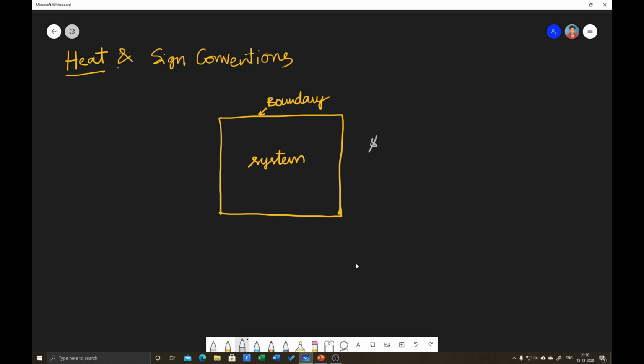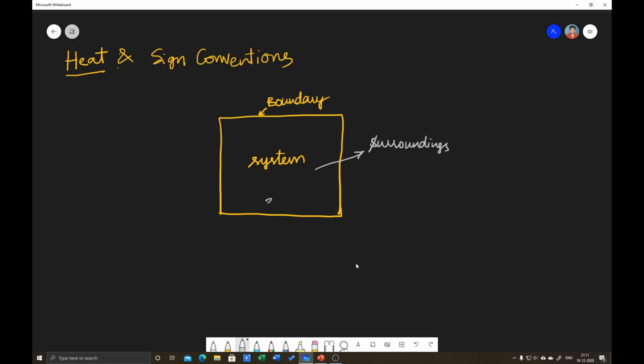Outside the system, whatever may be there is called the surroundings. Whenever there is a temperature difference, energy will cross the boundary and go to the surroundings. So this energy transfer due to temperature difference is called heat.